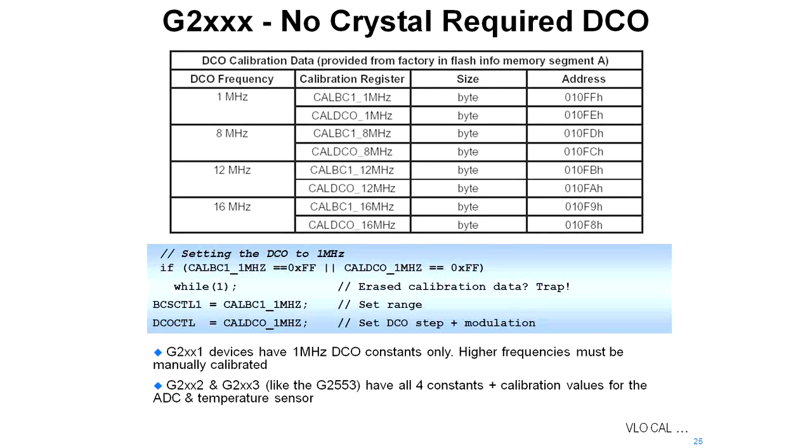So we're going to double check that here with a trap. That's probably not what you're going to want to do in production software. Then it's as simple as programming the basic clock system control register 1 with the range, and then the DCO control register with the DCO step and modulation, with just a couple of instructions.